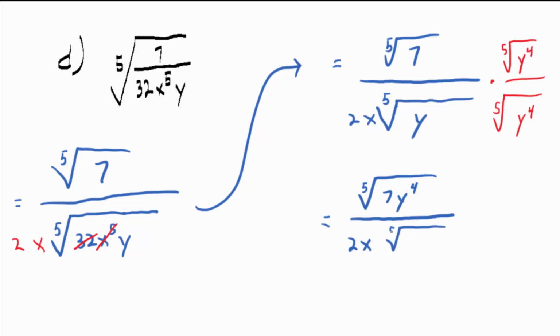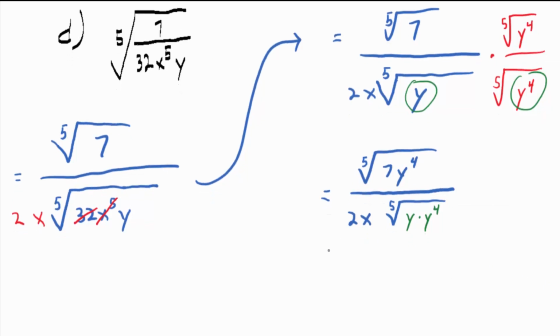You multiply this guy times this guy underneath the radical, right? So that should help show you that you're going to get y to the fifth underneath the radical, just like we want. That's not normally a step I would show, but I just want to help you understand.